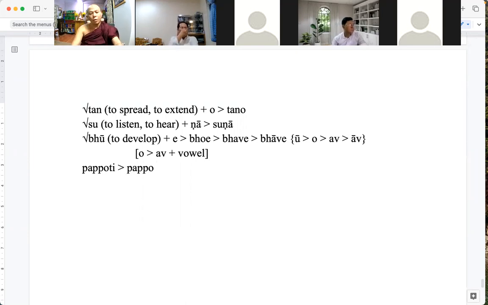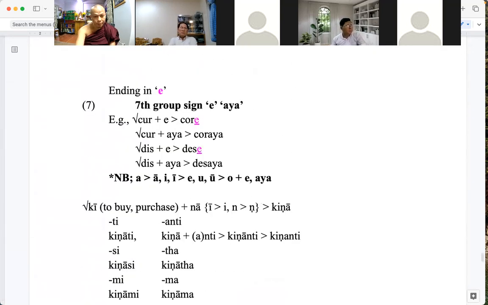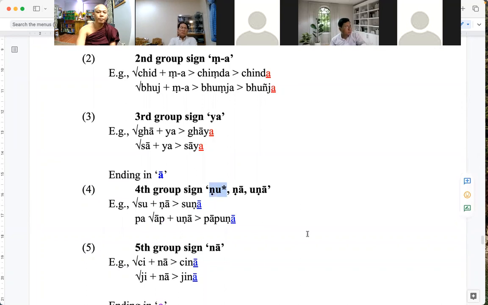So this pappo is derived from the pa prefix. Root is ap, but sign is here a special sign. Nu, very special sign. Nu. So for the fifth group, this sign nu.